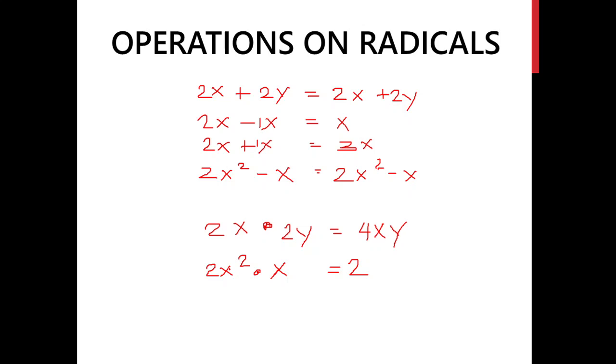Again, they have the same base, so using the law of exponents, when multiplying variables with the same base, all we need to do is add the exponent. So that's 2 plus 1 gives you 3. Copy the base, only add the exponent. Make sure that the bases are the same.